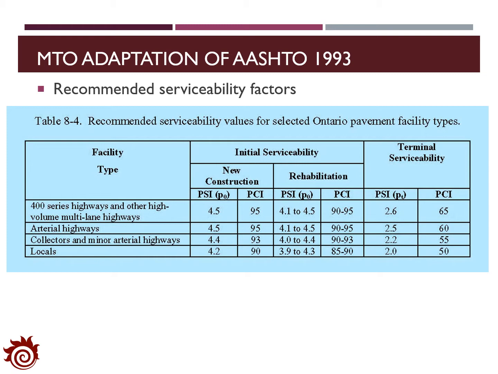The local roads have the smallest initial and terminal serviceability values. For the new construction project, the PSI is set as 4.2 and PCI is set as 90 at the initial phase. At the terminal phase, it is set as 2.0 for PSI and 50 for PCI.